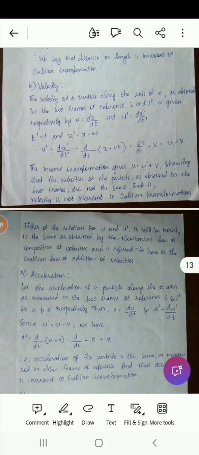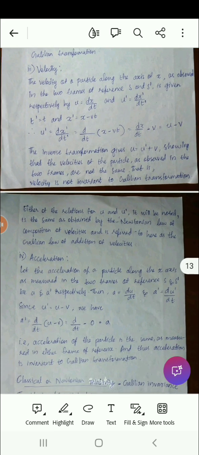We have the transformation equation for position, so we differentiate that and we get u dash is equal to u minus v.